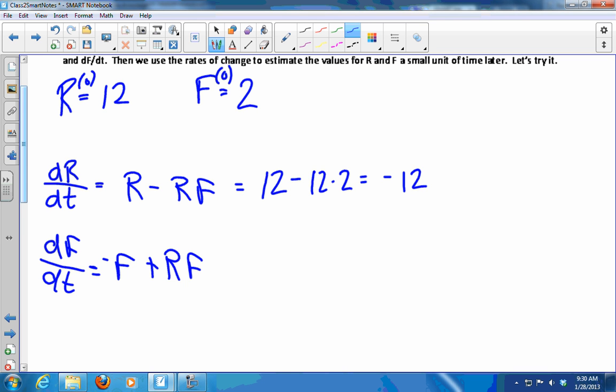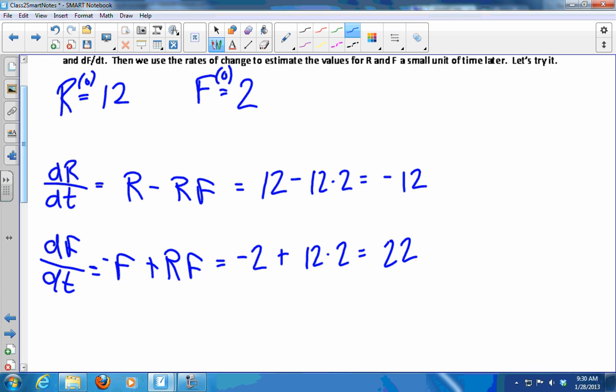Did I do that right? Yeah. Okay, and then my foxes, I'm going to go negative 2 plus 12 times 2. So yeah, 22. So I can only go 1 time step here because I'm not going to have any rabbits left, right? dR/dt is changing by 12 rabbits per unit of time, small unit of time.